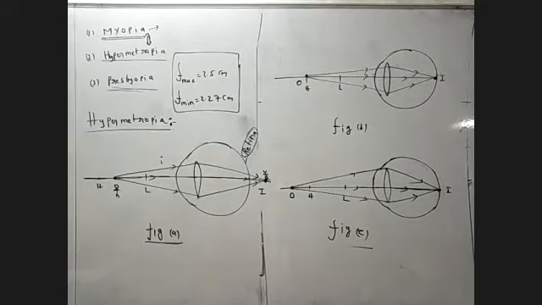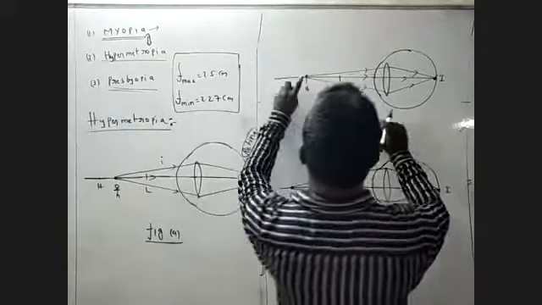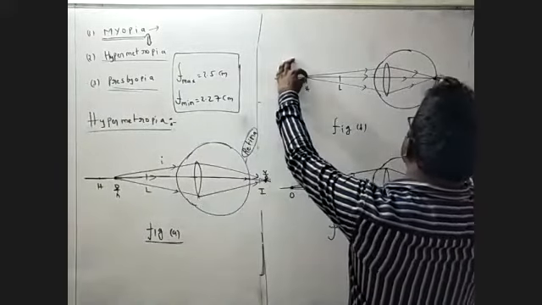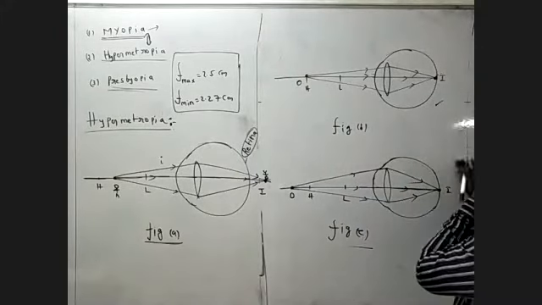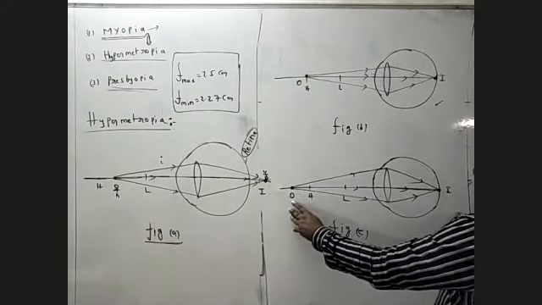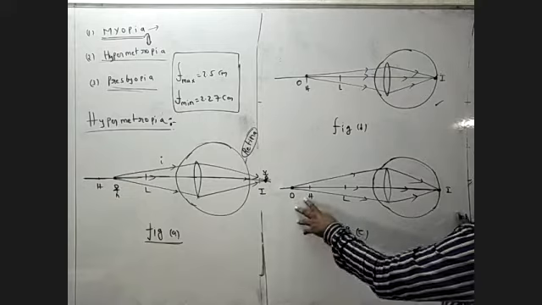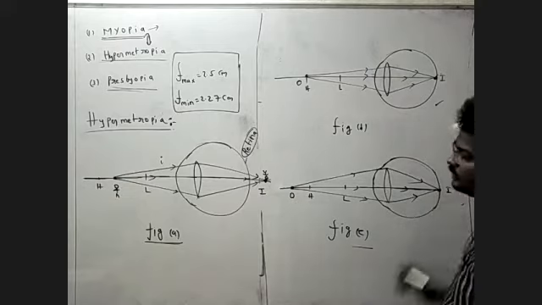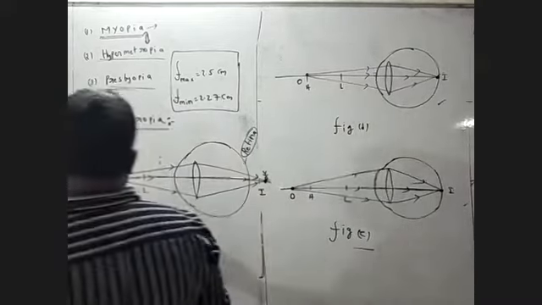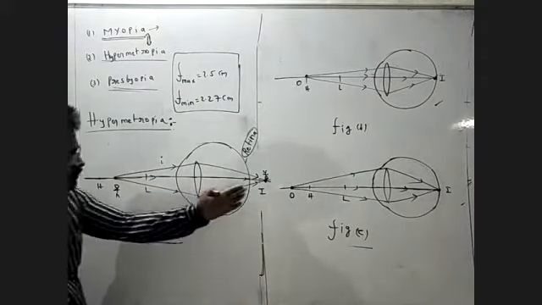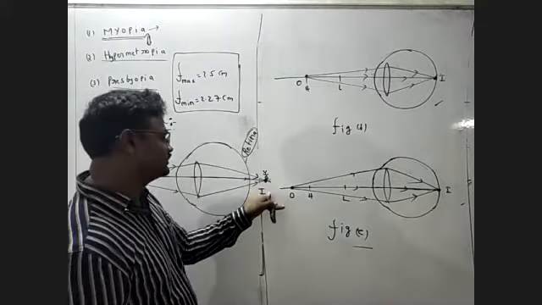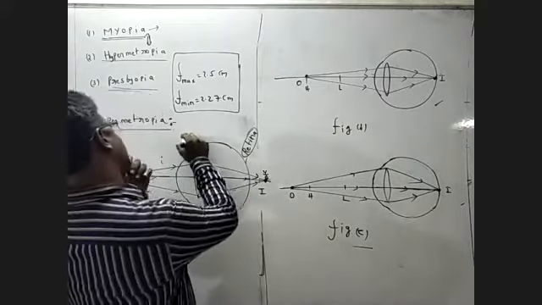This is a normal person. The object is placed at the far point, and the image is formed on the retina. The object is placed behind the far point, and the image is formed on the retina. There is no problem. But here, the object is placed between H and L, and the image is formed behind the retina. This is the problem.